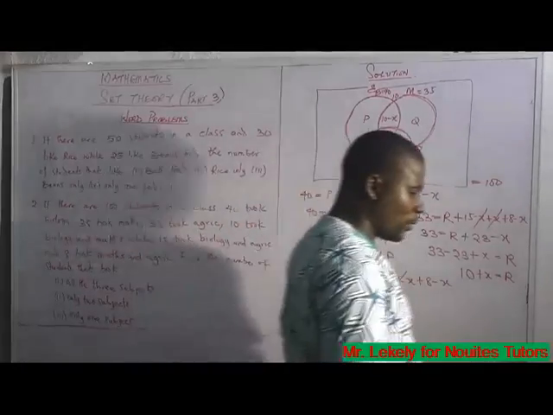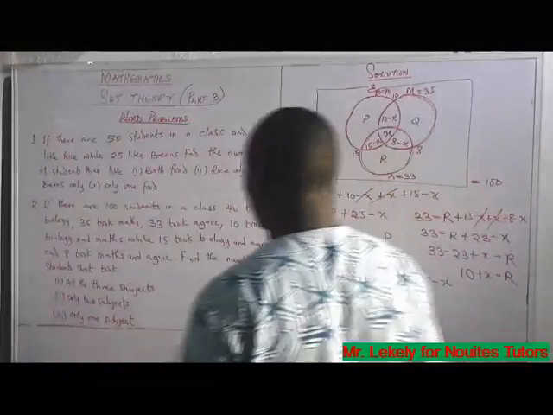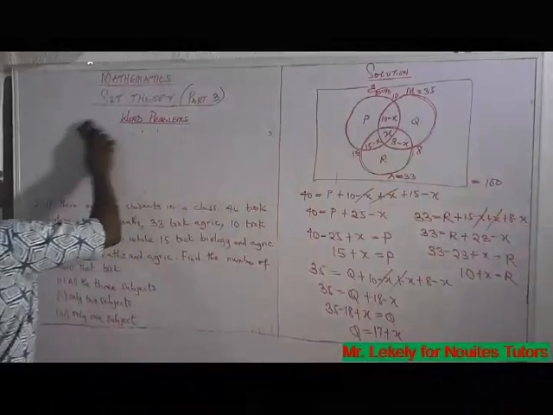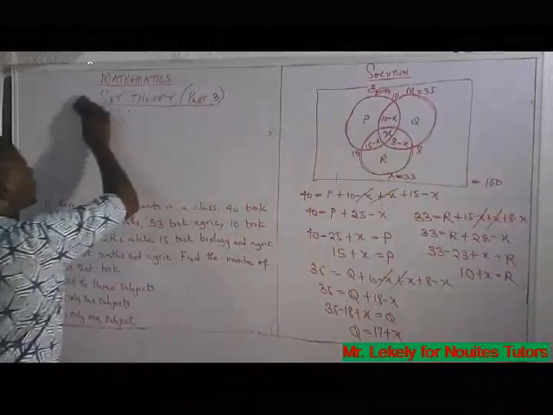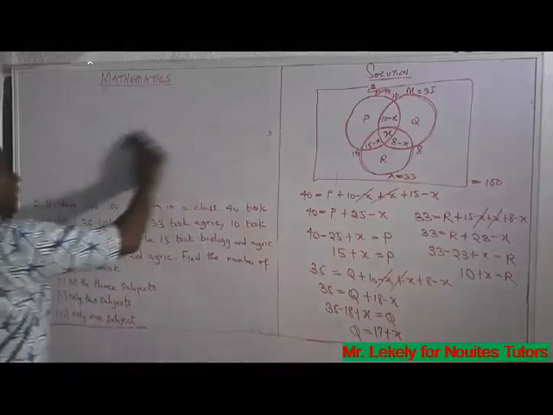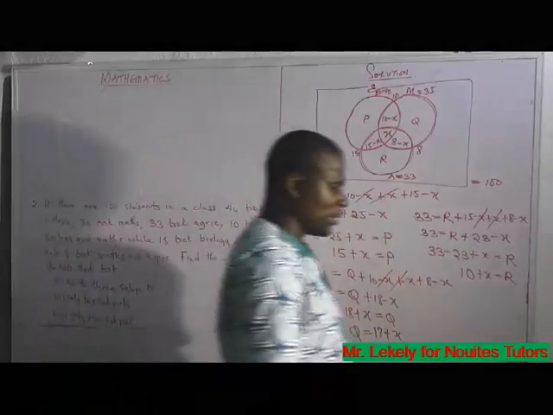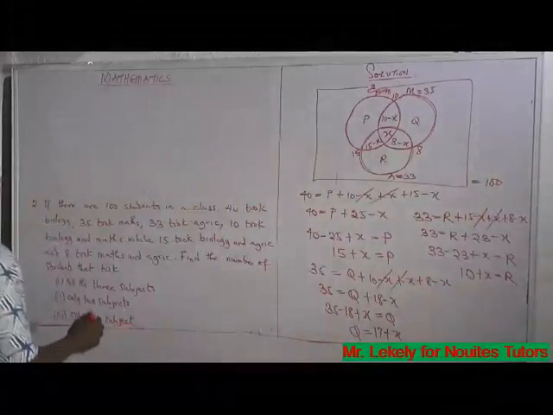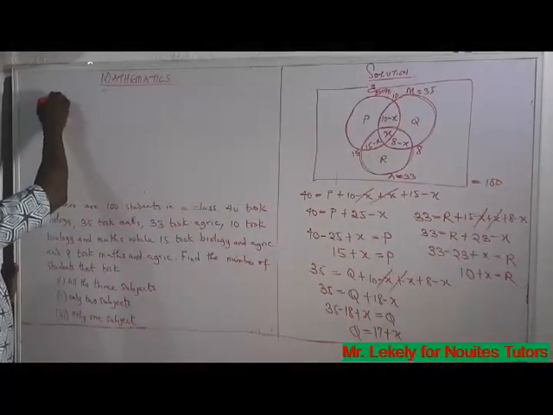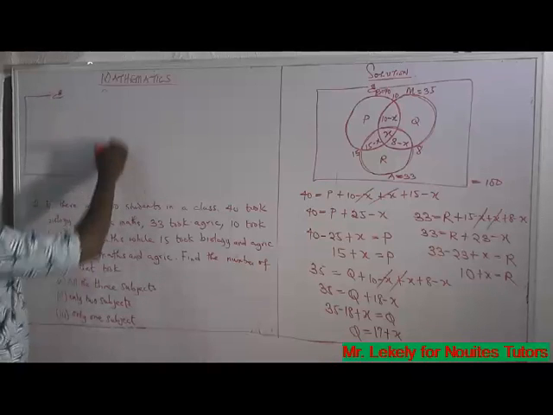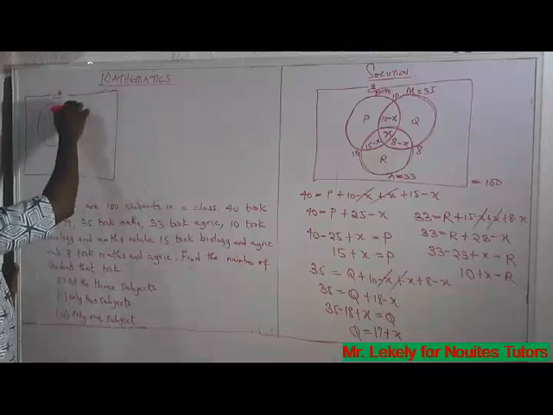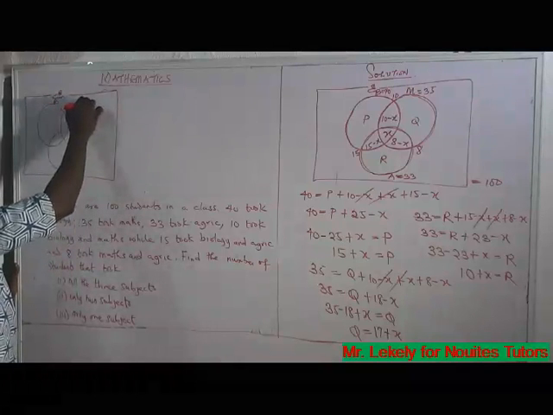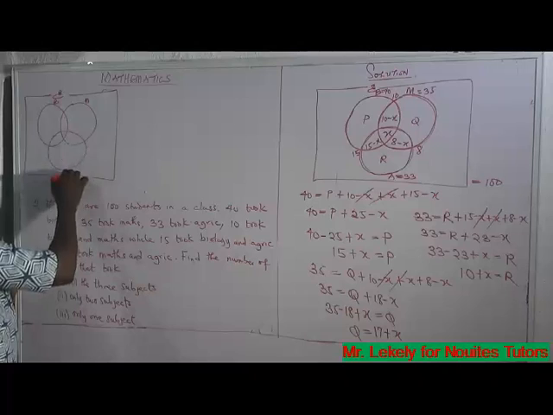So now let me clean this to be able to finish up, so that I won't have to clean the question. Now I'm drawing the Venn diagram again. So I have biology, maths, and Greek.